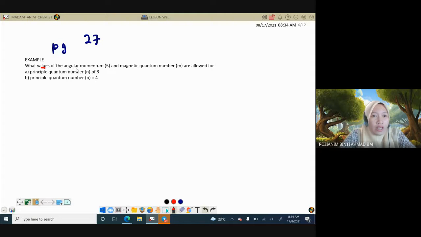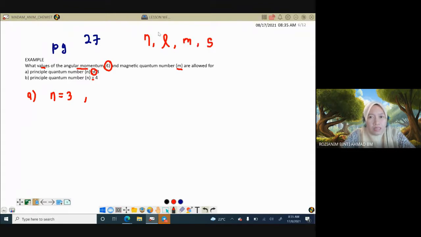For angular momentum, dia nak huruf L. Dan juga magnetic quantum number, huruf M. For the principal quantum number of. So walaupun dia bagi off, konsep dia tetap sama dengan 4. Sama sahaja. So contoh soalan A. If electron itu allocate N equal to 3, so next, lepas N mesti jumpa L. Lepas jumpa L baru jumpa magnetic. Lepas magnetic baru jumpa S.